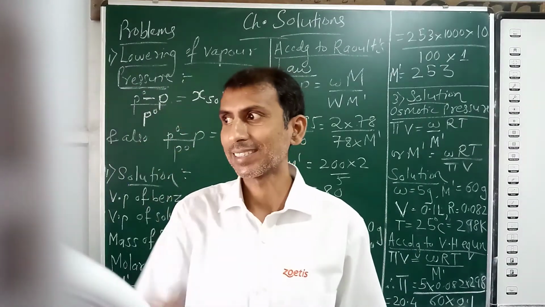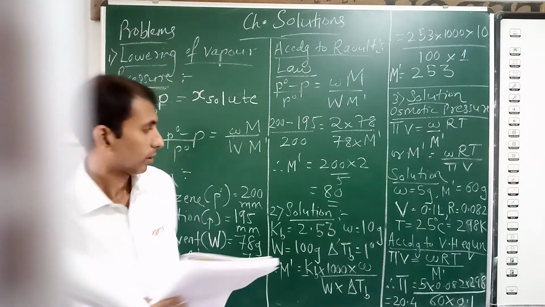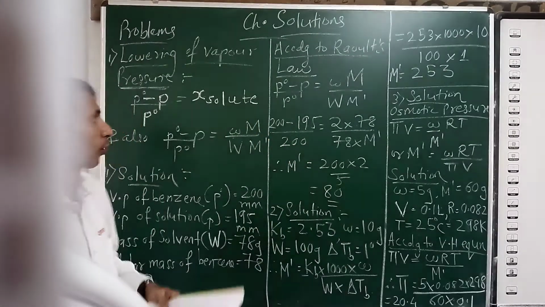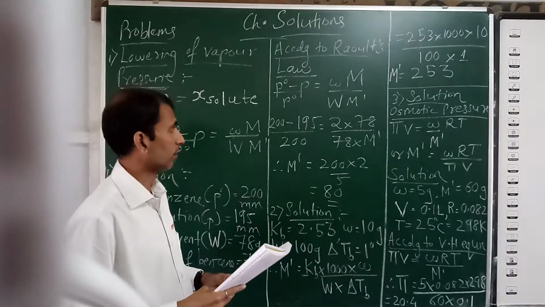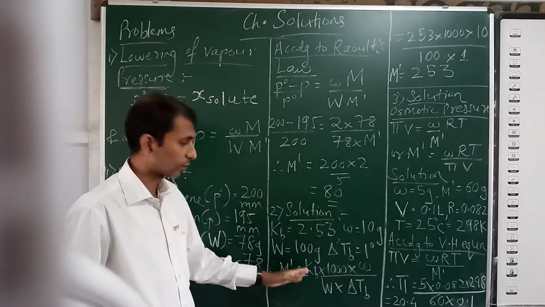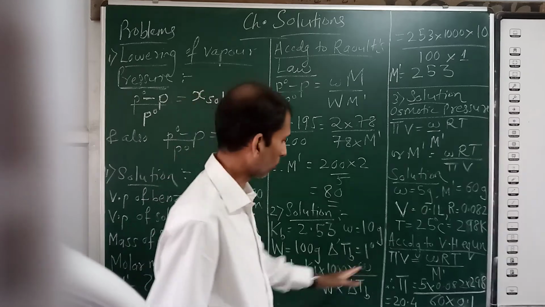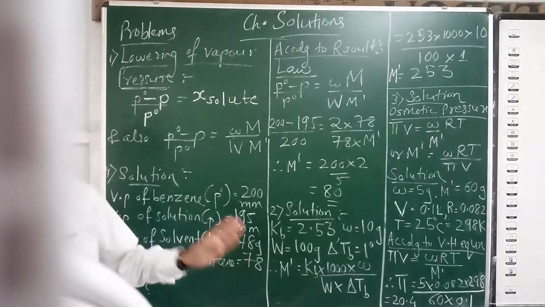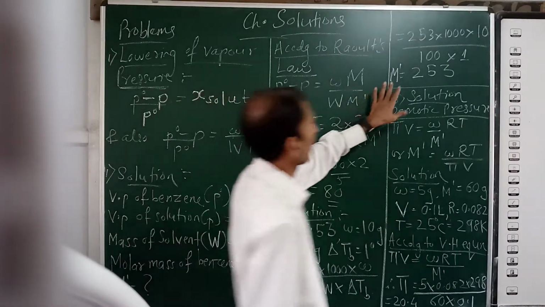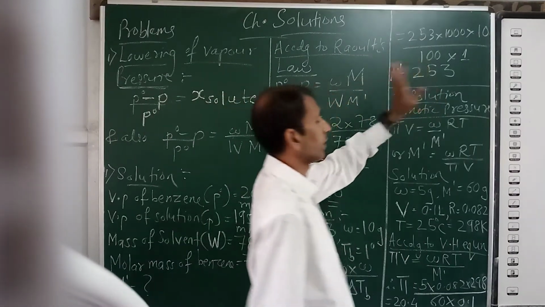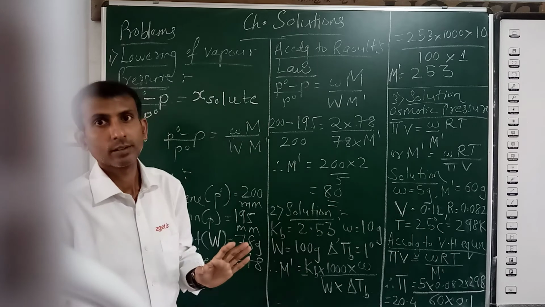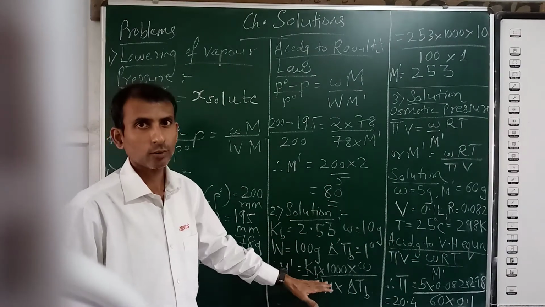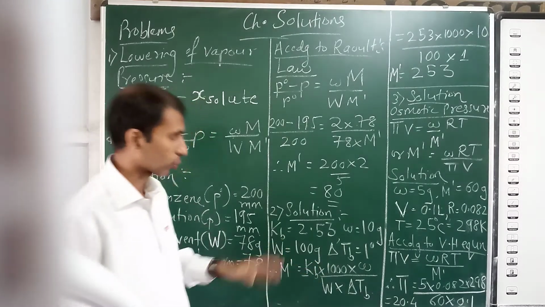Rise means elevation, and that value they have given, 1 degree centigrade. And the formula also we know. Formula is M dash is equal to Kb into 1000 into W upon capital W into delta Tb. So substitute the values and you get the answer M dash is equal to 253. This formula already we have written, we have seen in the last lecture and in the notes also.